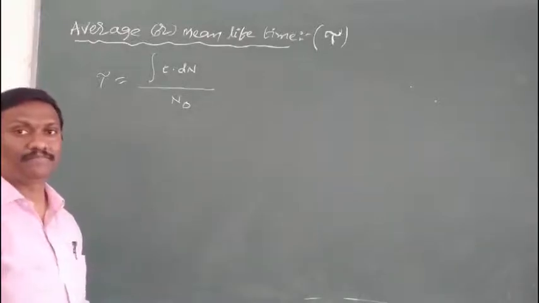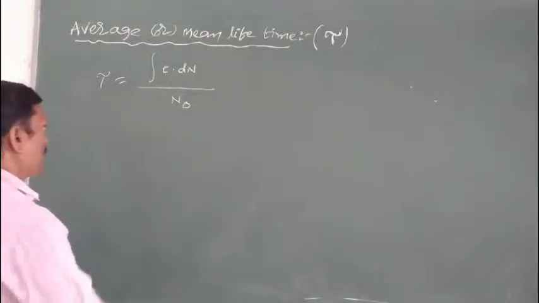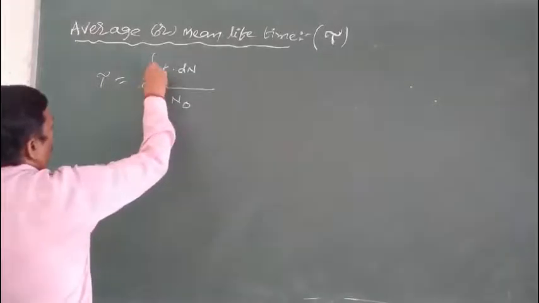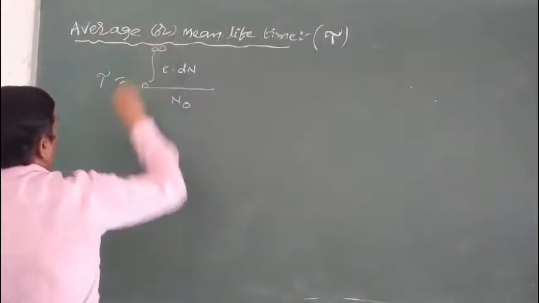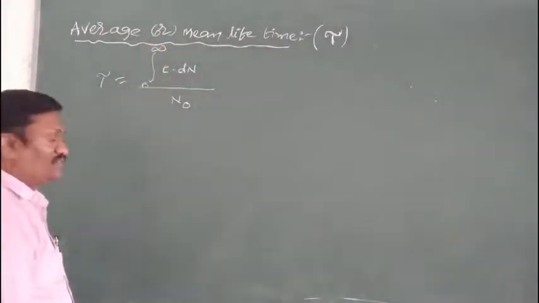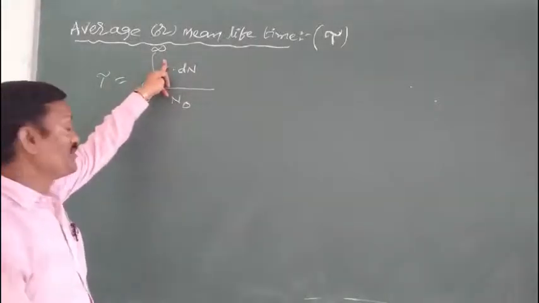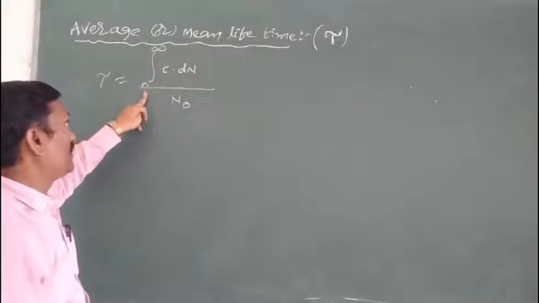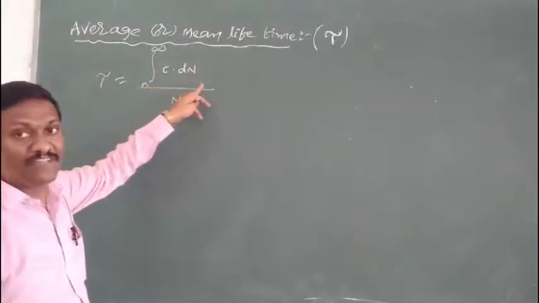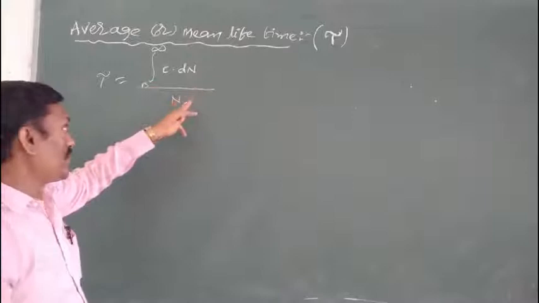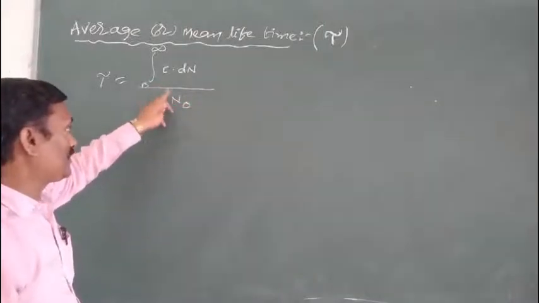The lower limit is 0 and the upper limit is infinity. The starting lifetime is 0, the ending lifetime is infinity. Within these limits you have to integrate and calculate the numerator value, for the ratio of total lifetime of all atoms to the number of atoms.